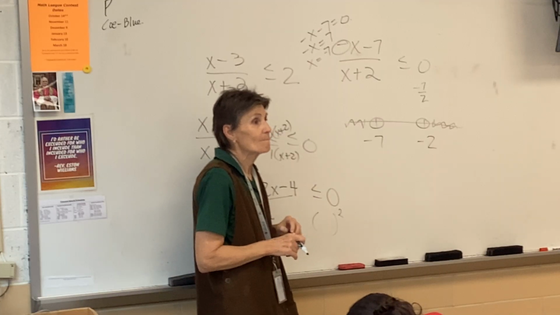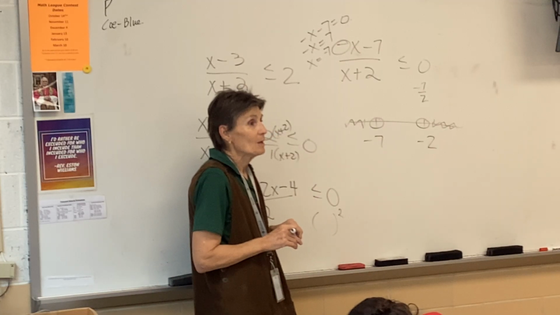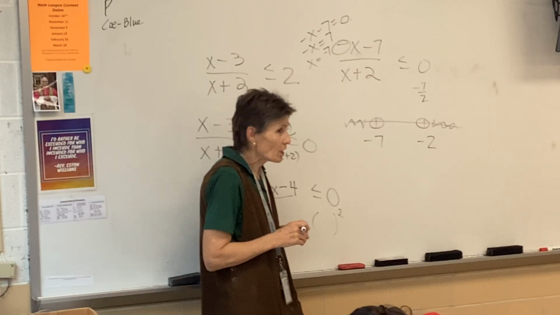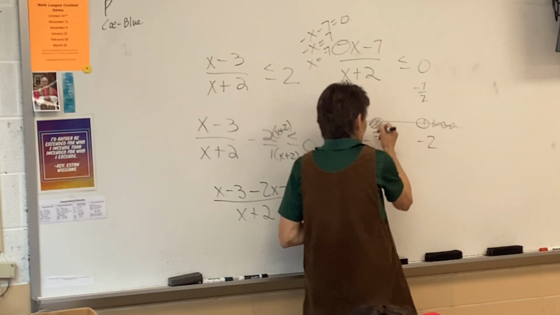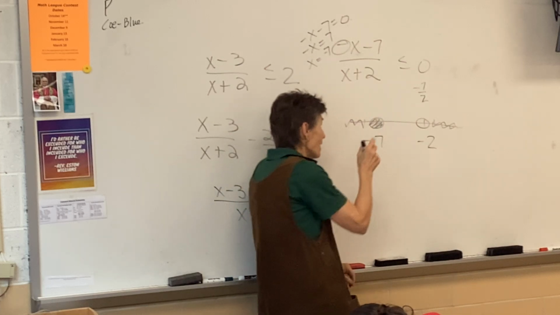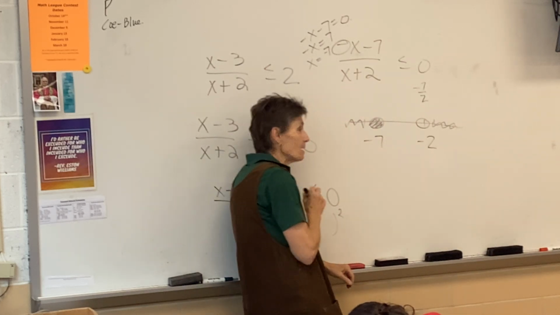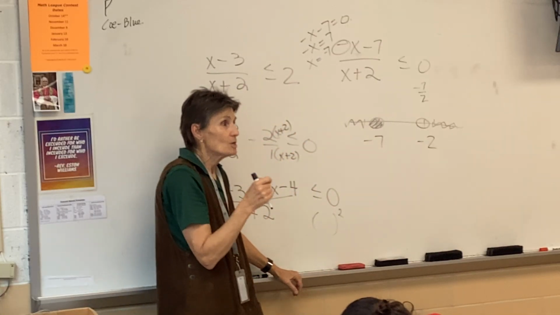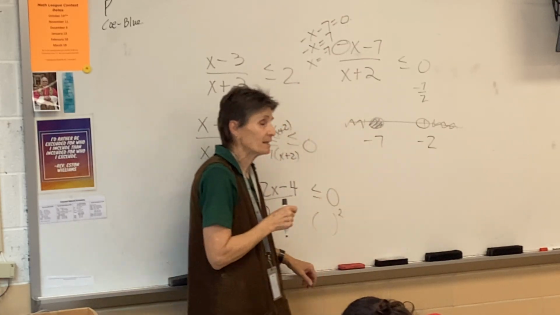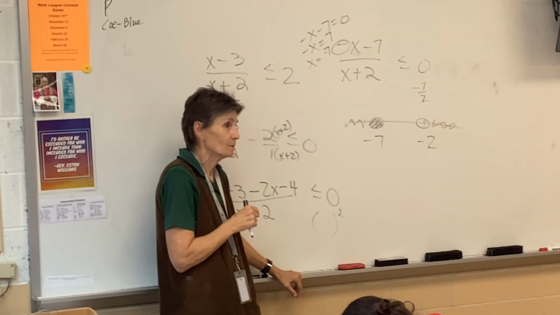Does less than or equal to change anything about it? What that changes is that this dot gets closed in. That one doesn't, because the denominator cannot be 0. So x cannot be -2. It's an excluded value.